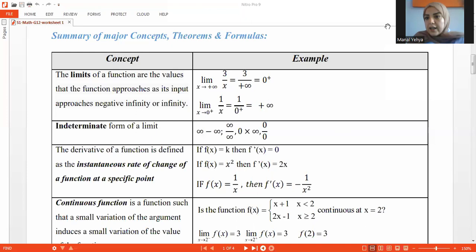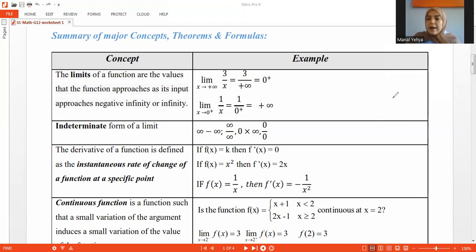The rule itself is, if we have x to the power n, the derivative of x to the power n is n x to the power n minus 1, we put the power down. So if we take another example like x to the power 4, its derivative is 4x to the power of 3.